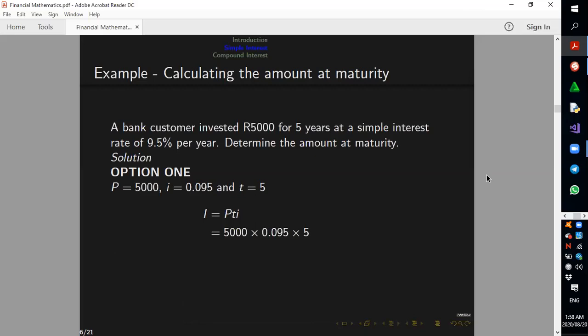It's not a problem. So we multiply these three primary factors and we get 2,375 rands. And then we take that 2,375 rands, we add it to the initial investment, which is 5,000, and then we have 7,375. This is the first method we could use, which is allowed.